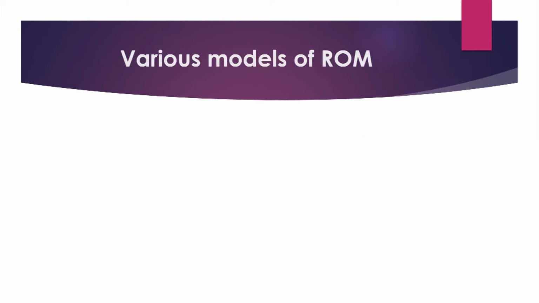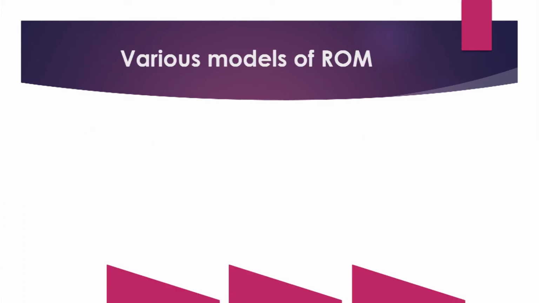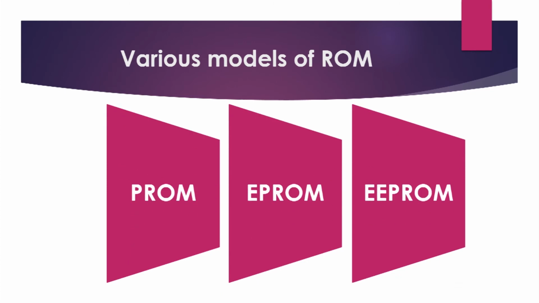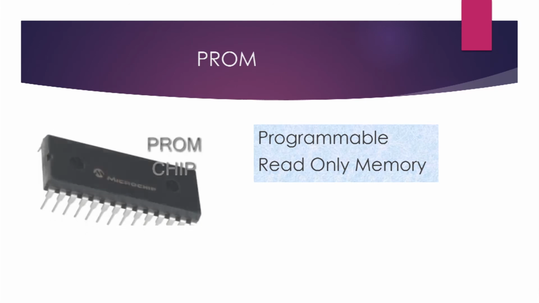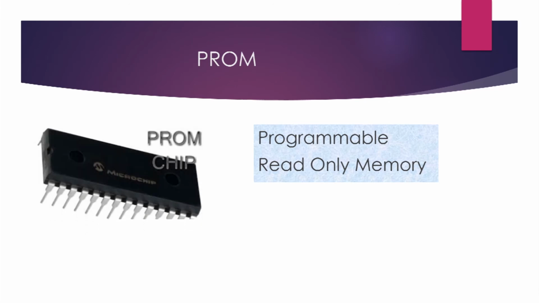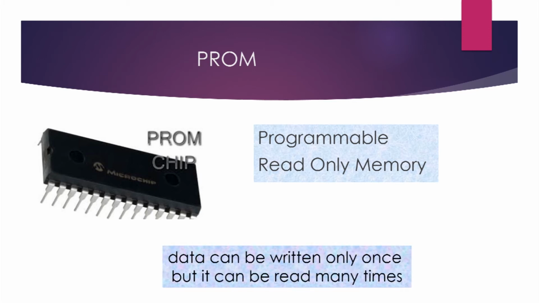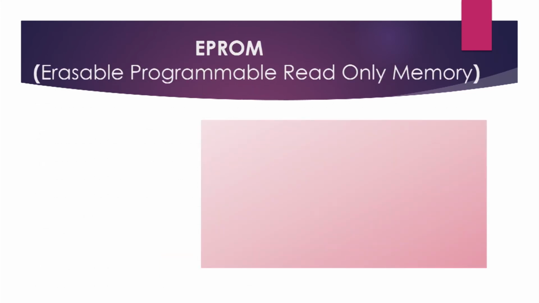ROM memory has various models which we shall discuss further: PROM, EPROM, EEPROM. PROM, programmable read-only memory, can store a large amount of data, but the data written to it cannot be erased. This type of read-only memory maintains chips on which the data can be written only once, but it can be read many times. EPROM, erasable programmable read-only memory, overcomes the problems of PROM.